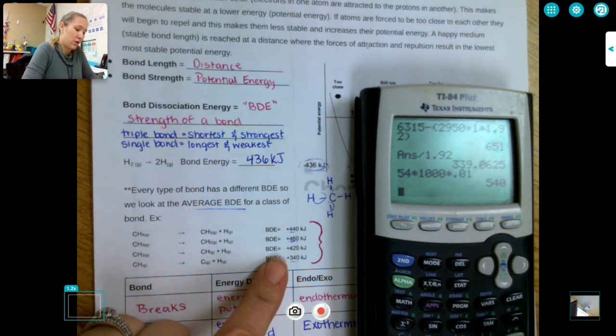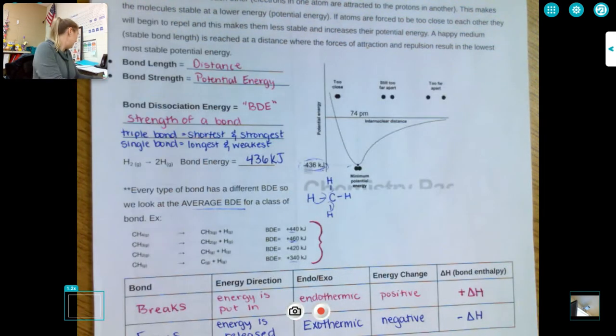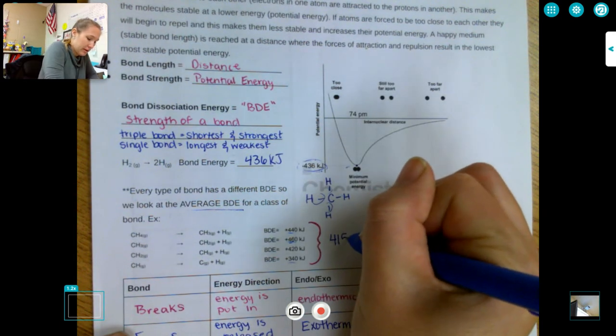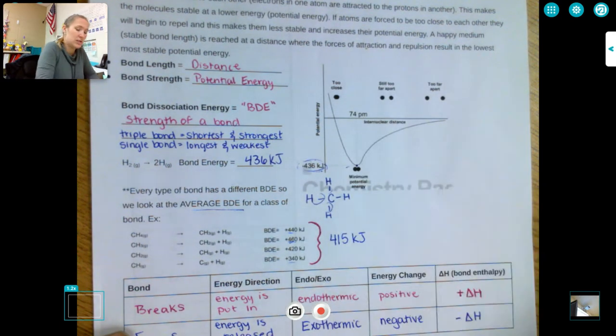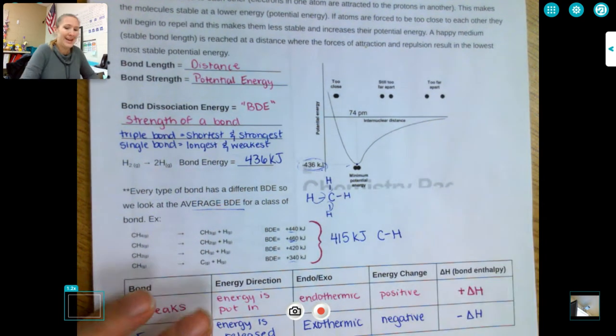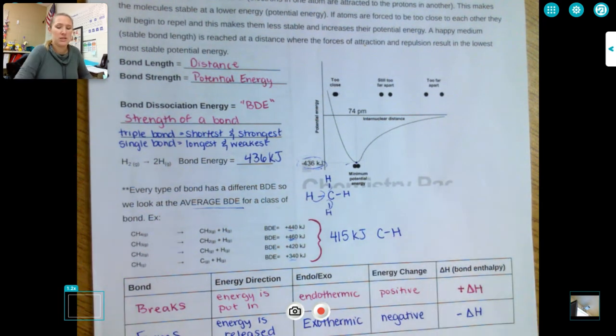The average of all four of these is 415. And that's in kilojoules. So we say that a carbon-hydrogen bond has an average bond dissociation energy of 415 kilojoules. And that's what we use when we're calculating bond energy.